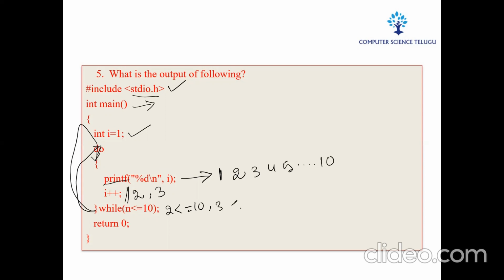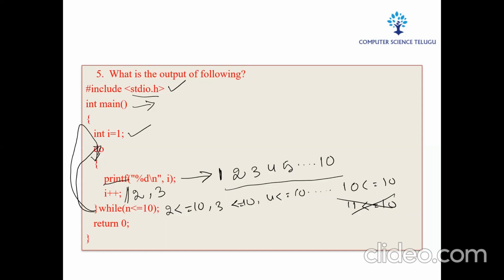So 3 is less than or equal to 10, 4 is less than or equal to 10, and so on up to 10 less than or equal to 10. When the value is 11, the condition 11 less than or equal to 10 becomes false, so it will print 1 to 10. I hope this is clear for everyone.